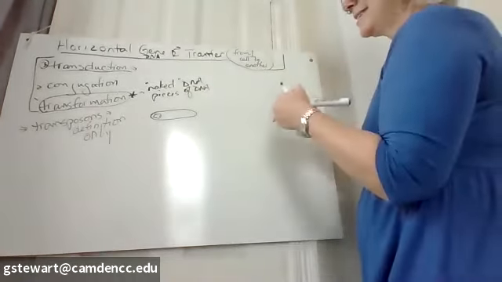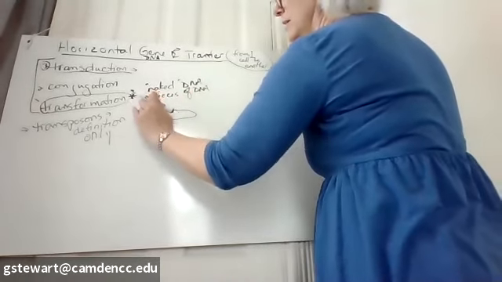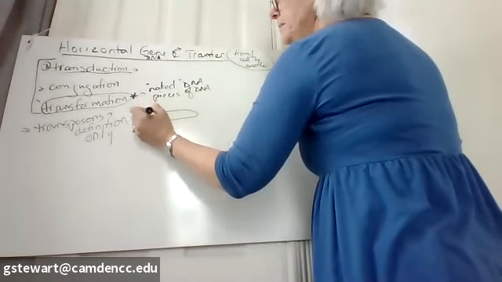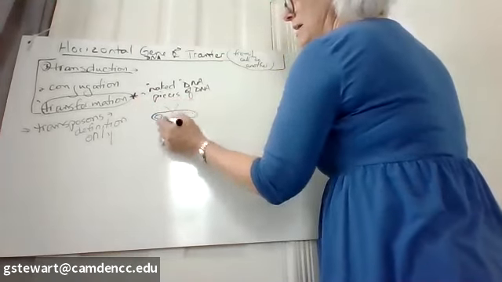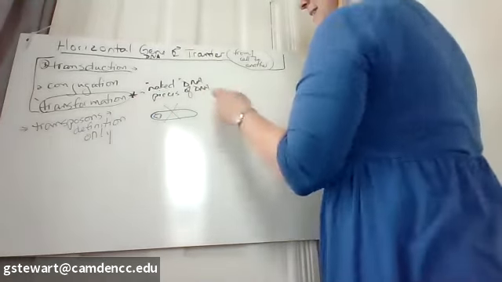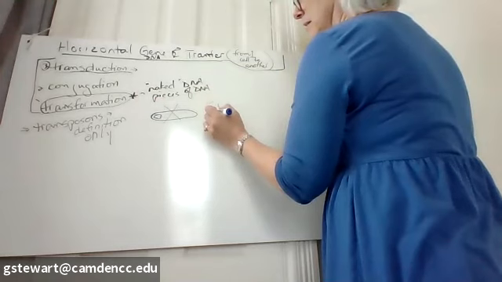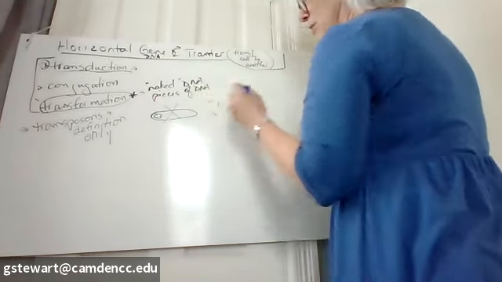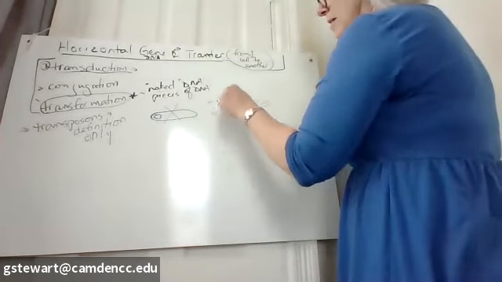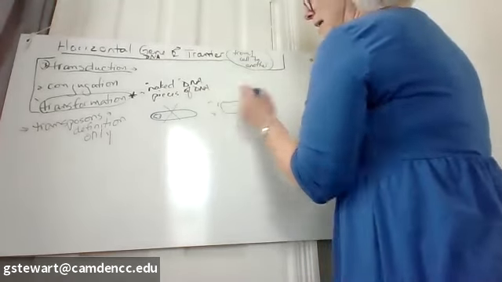And when this cell dies, actually this isn't going to be E. coli this time, it's going to be Streptococcus pneumoniae. When the cell dies and the DNA is fragmented into little bits like this, not a whole circular chromosome, but little pieces, a neighboring cell can say, oh, I'm going to take that in and add it to my genome.